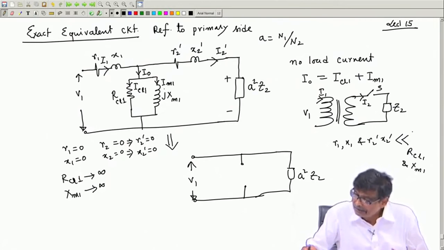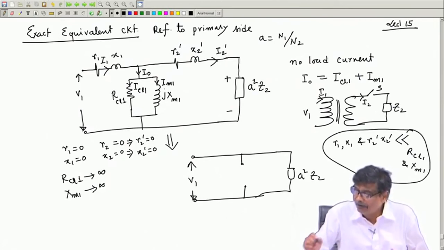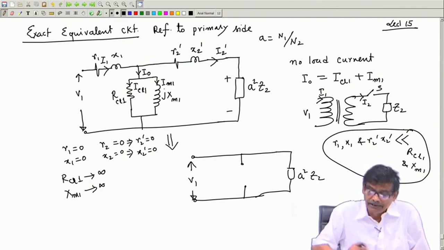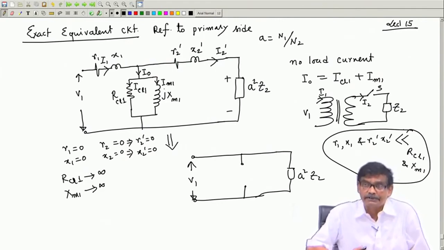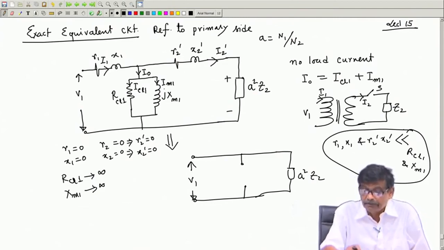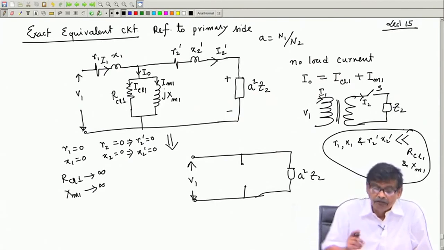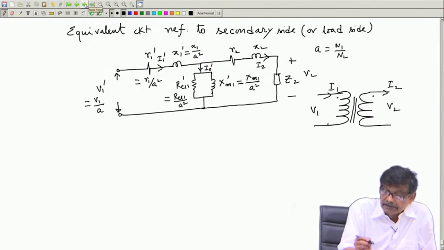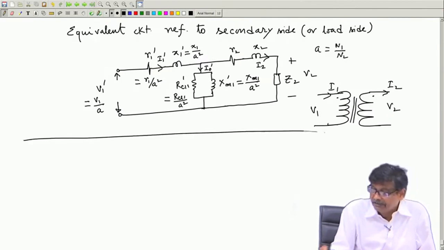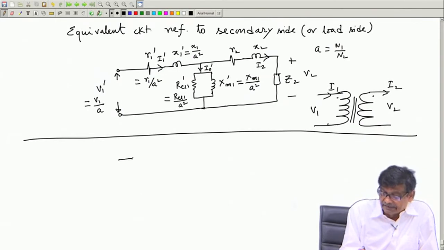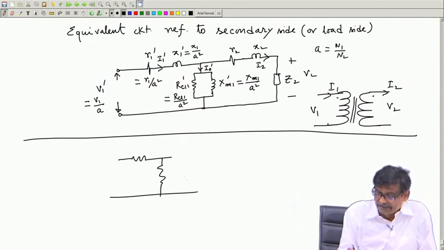But knowing this fact, people also thought that some simplifications could still be made to this equivalent circuit based on this knowledge, because the series parameter values are smaller compared to the core loss resistance and XM. For example, consider a circuit like this.